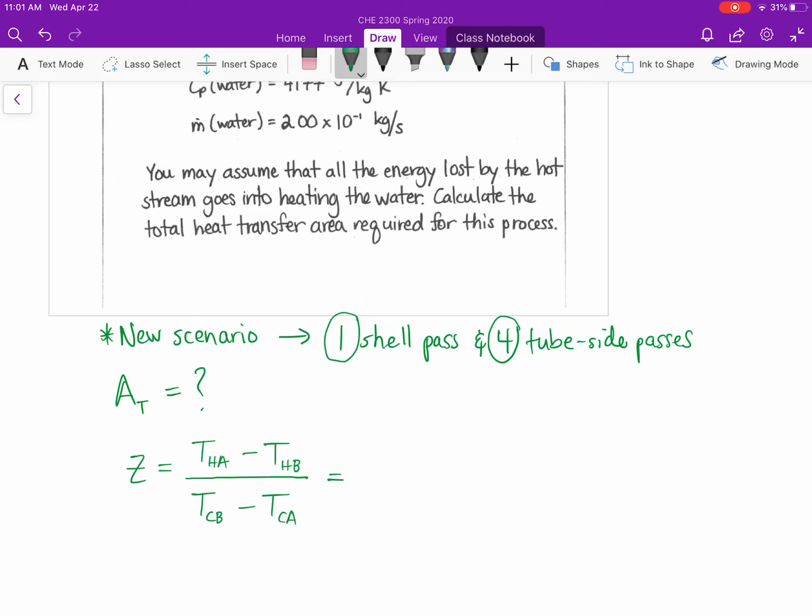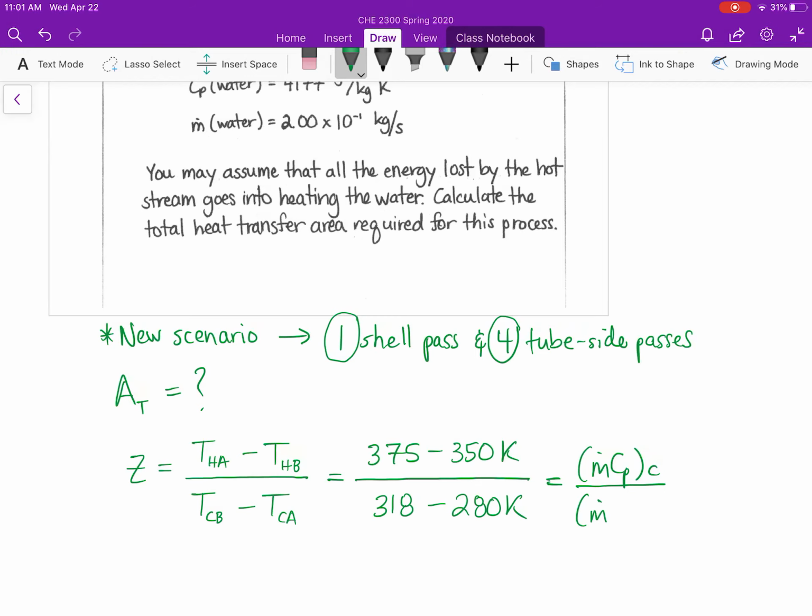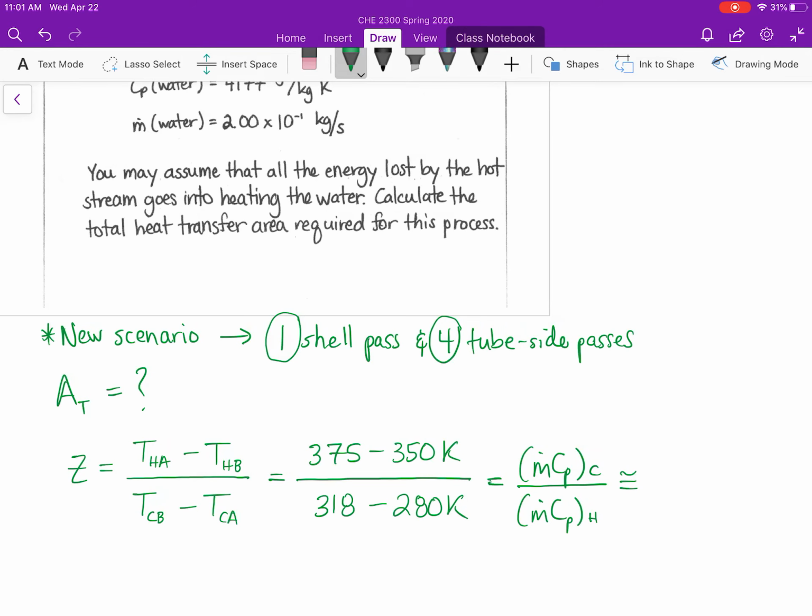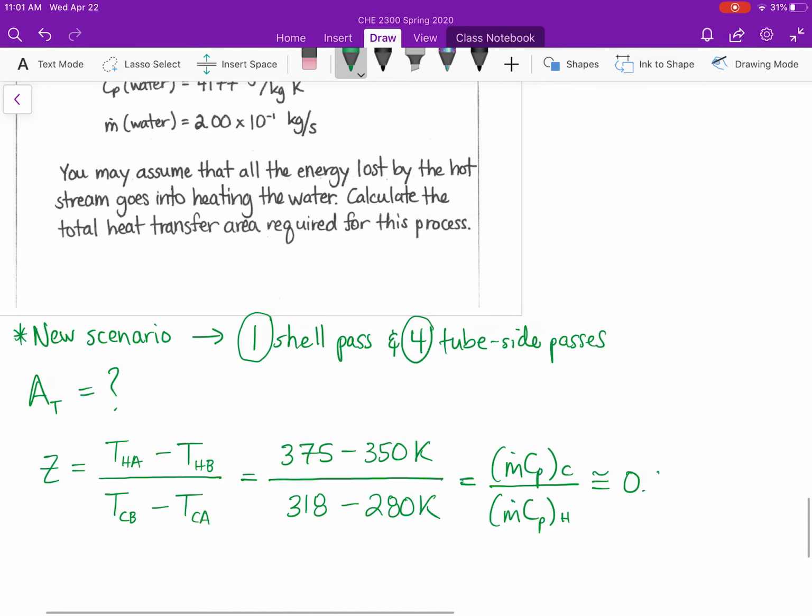All of that is equal to 375 minus 350 K, divided by 318 minus 280 K. And again, this is also equivalent to m dot Cp of the cold over m dot Cp of the hot. Right. All of that is approximately equal to 0.66.